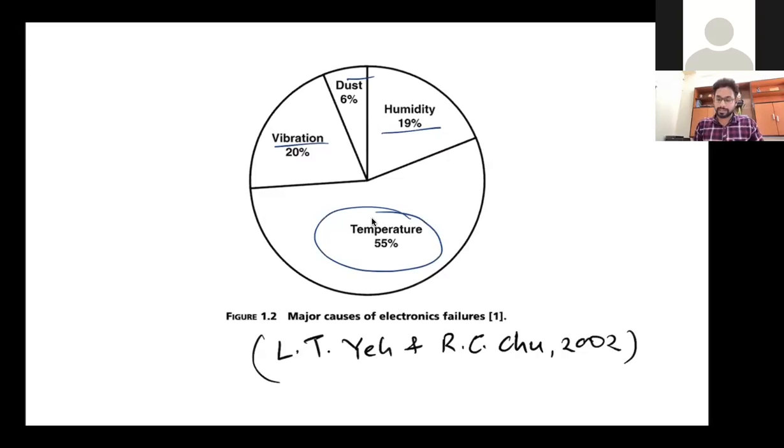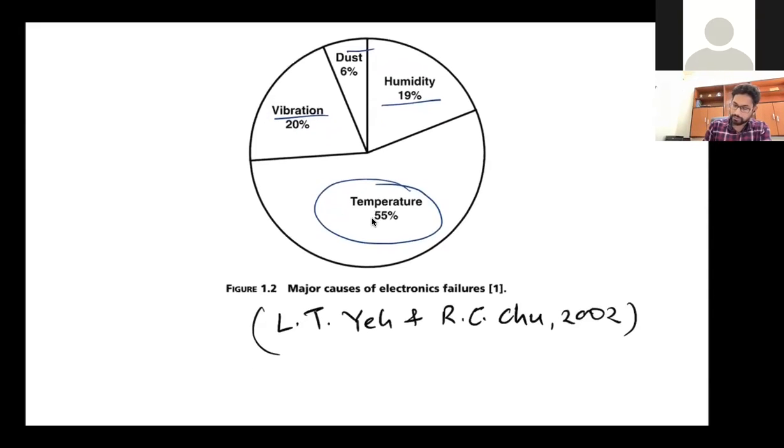But that doesn't really matter much. That just adds to 6%, and that's why it's very important to do thermal management precisely if you want a long lasting electronic item.